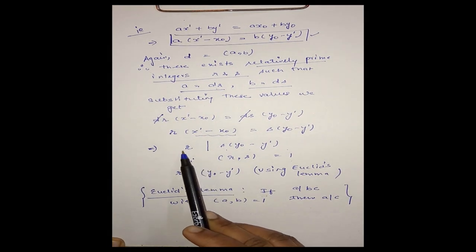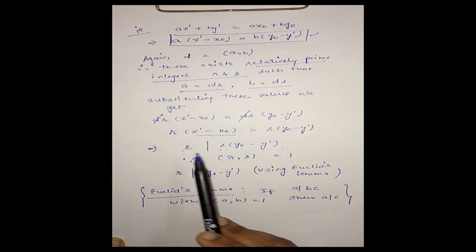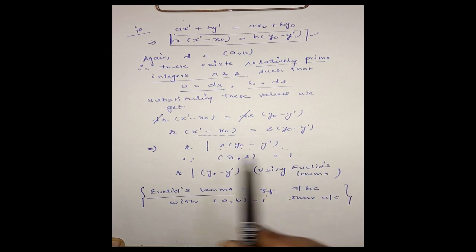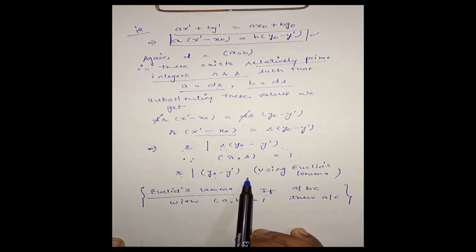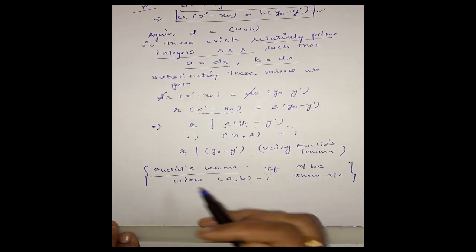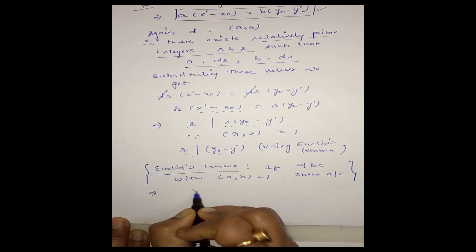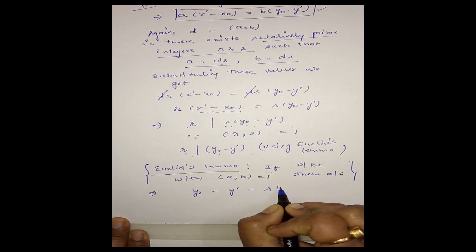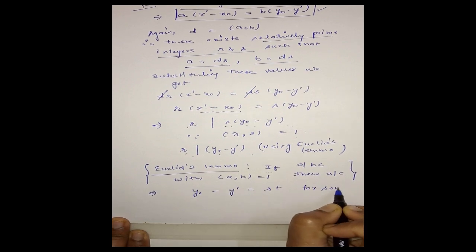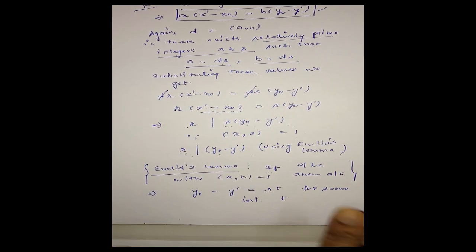Here we have r divides the product s into y naught minus y dash, where GCD of r and s is 1. Therefore, from here we get r divides y naught minus y dash. Clear? Okay. Now, r divides y naught minus y dash implies y naught minus y dash is equal to rt for some integer t. Okay.